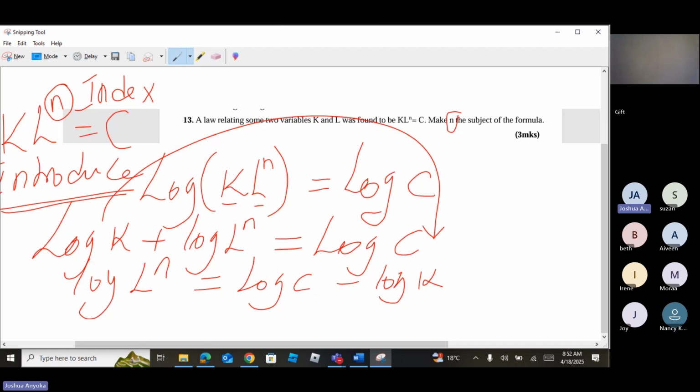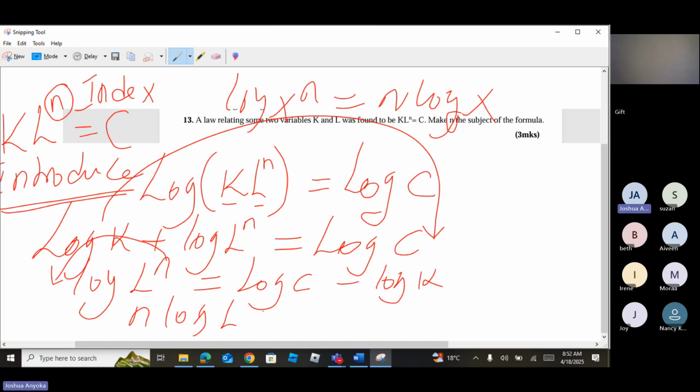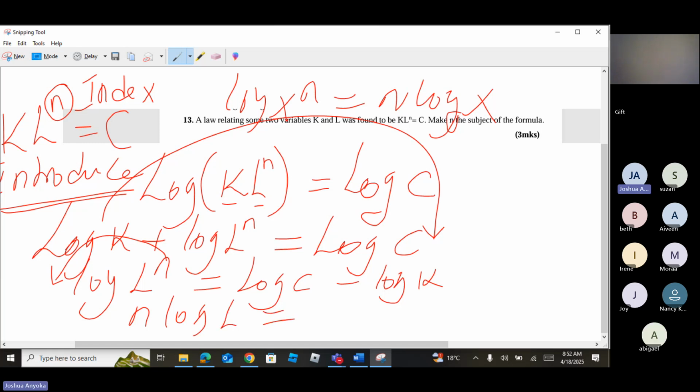Using the third law of logarithms, which says log x power n is equal to n log x, we can bring the power down, so that we have n log l is equal to log c minus log k.